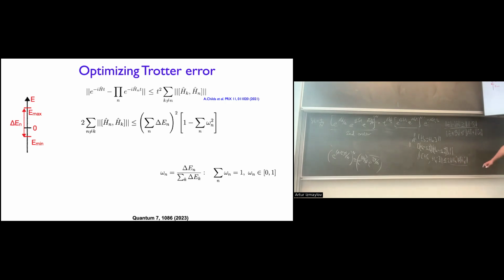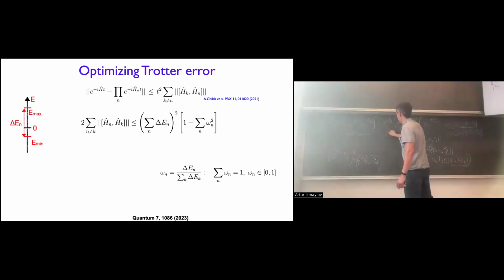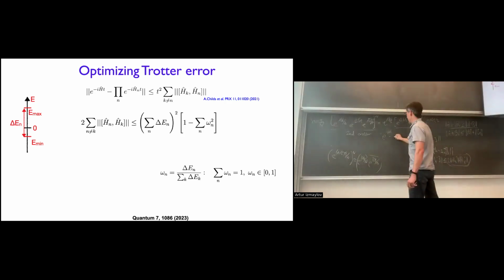Okay, so with that, now we have this expression, but this expression depends on how you shift. Because this is always true, no matter what shift you put, you could try to reduce this upper bound, because this is upper bounding the true difference between the two propagators, minus i h t and the product of the exponential functions, right?